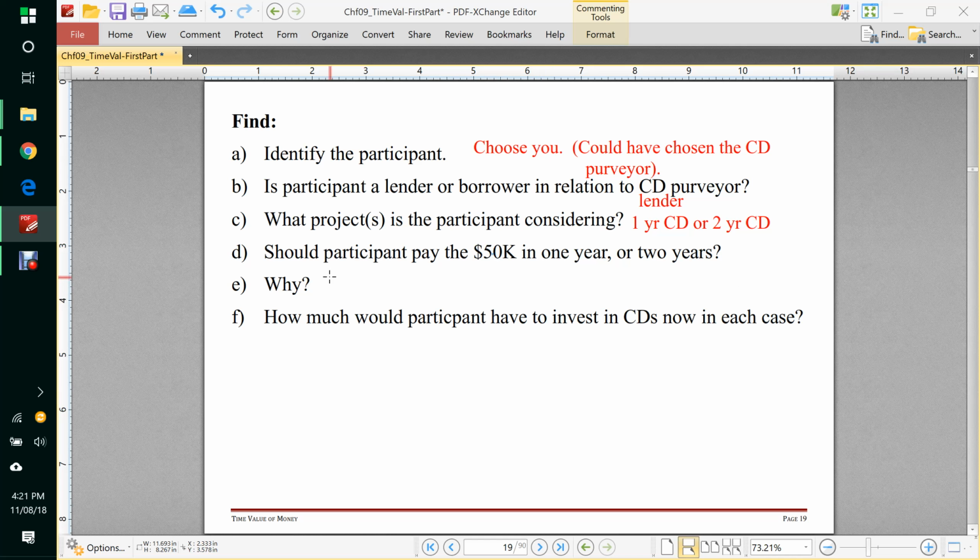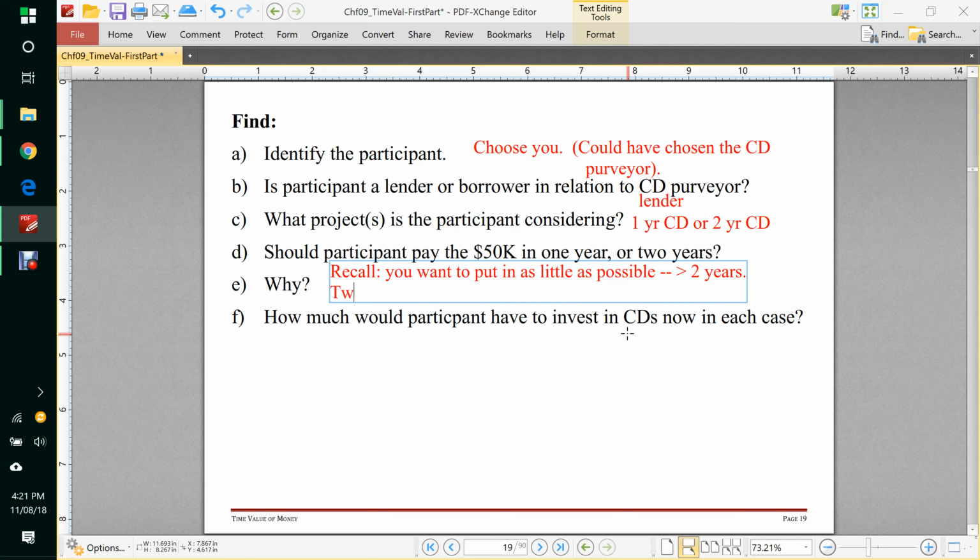Okay, so remember, you want to put as little in as possible. And that clearly means 2 years. You want to give the 50,000 to your parents in 2 years. Why?